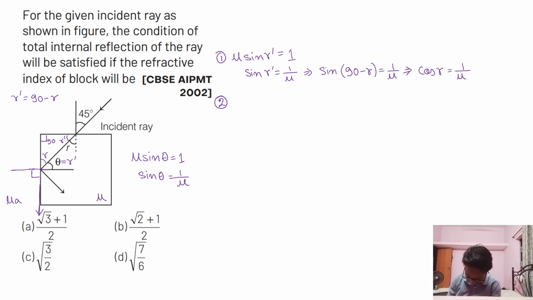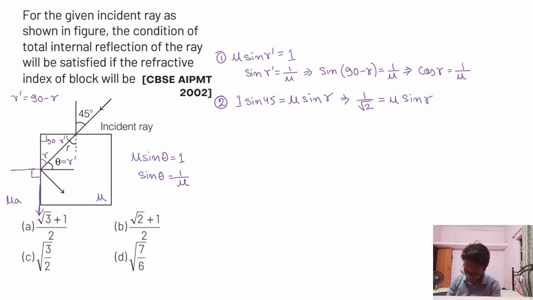Mu a is nothing but 1, so 1 into sine 45 is equal to mu into sine r. Sine 45 is nothing but 1 by root 2, equal to mu sine r.